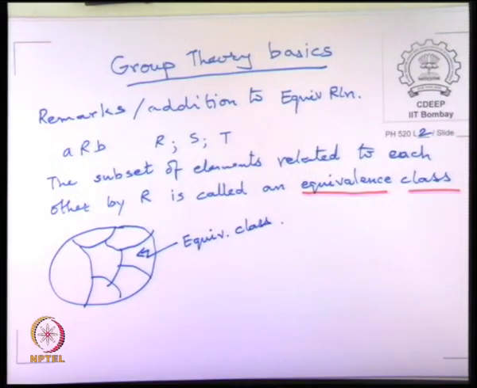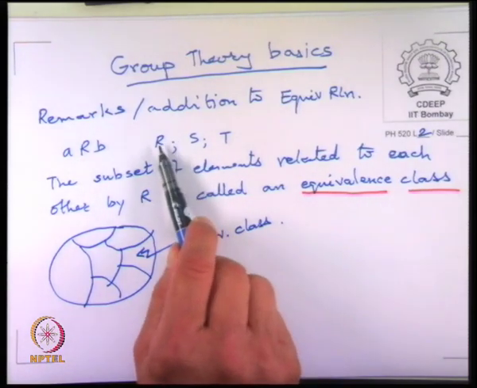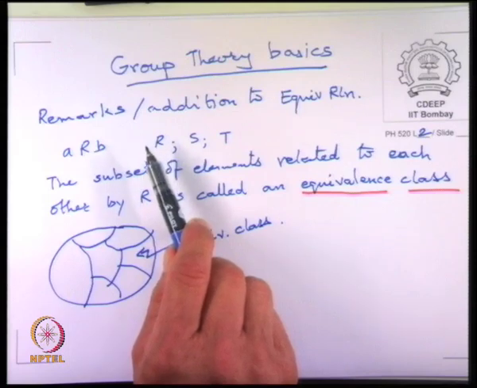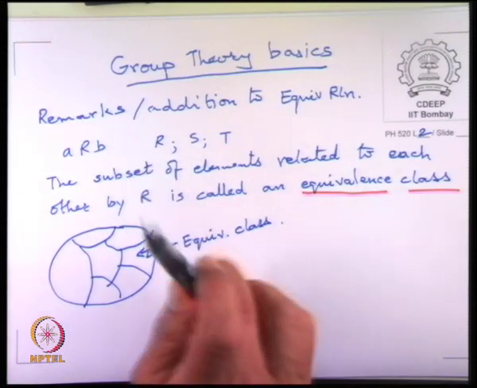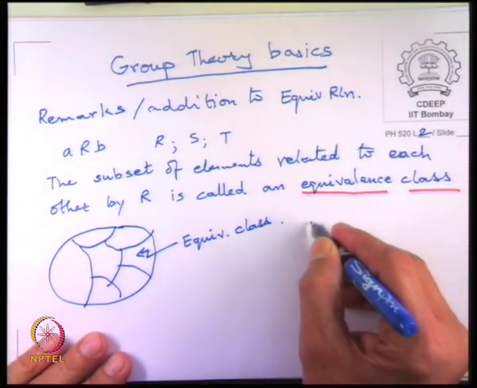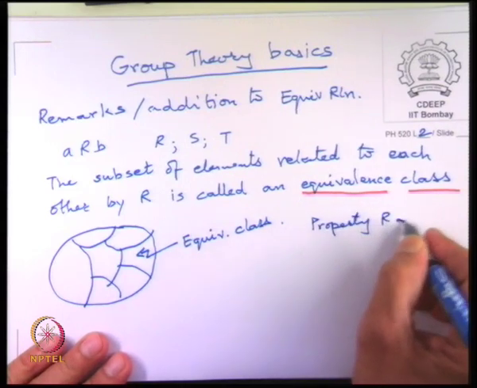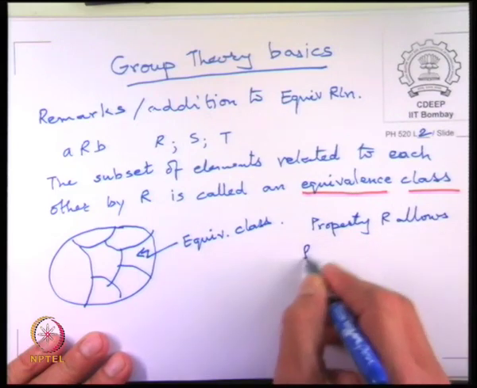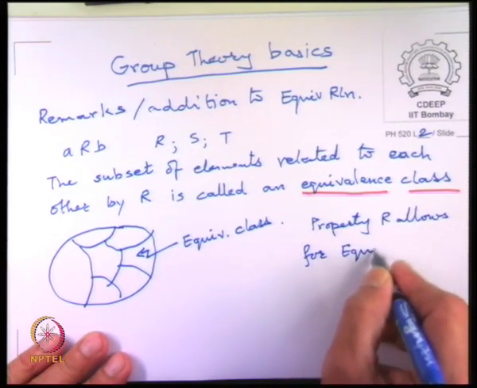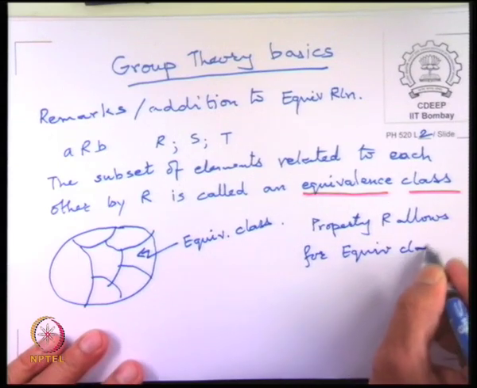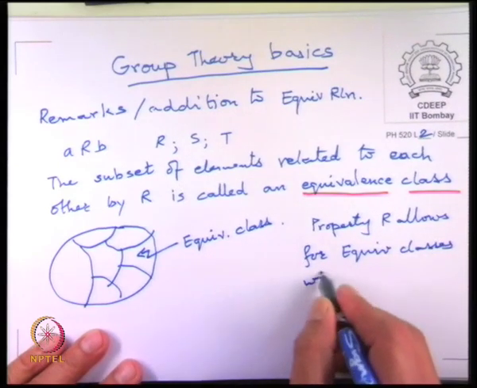And our statement was that the group splits up into disjoint equivalence classes such that the union of those equivalence classes is again back the whole group. And here the reflexivity allows for equivalence classes of single elements. So, property R allows for equivalence classes with single members.